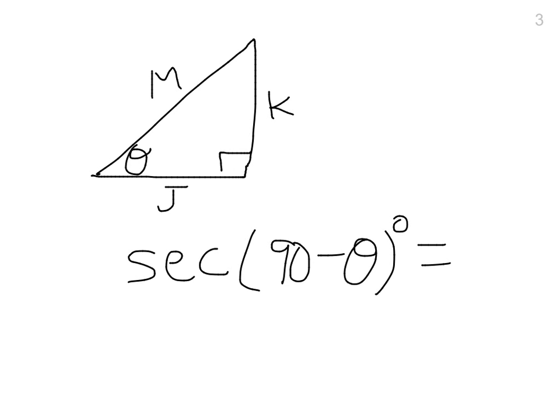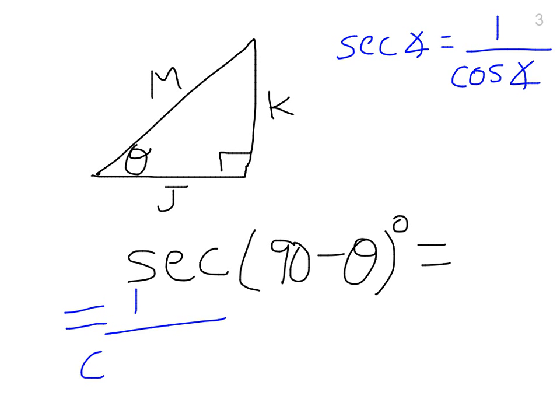Because that was our original goal, answering this question. Well, first, we need to recognize that the secant of an angle is equal to 1 divided by the cosine of that angle. It's just the reciprocal relationship. So what we really want to find is 1 over the cosine of 90 minus theta.